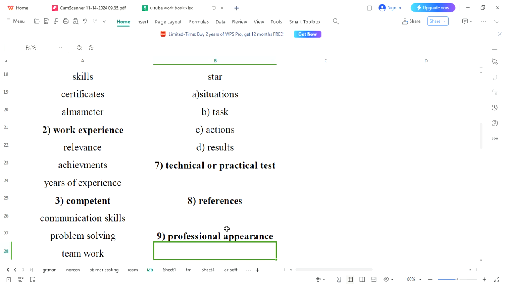But one candidate presented that test properly, and the second candidate used some improper or rough ways to achieve that target. So both had skills, both had work experience, their communication skills were good, tasks were given, actions were taken, the practical test was completed successfully, both had references. So what was lacking?